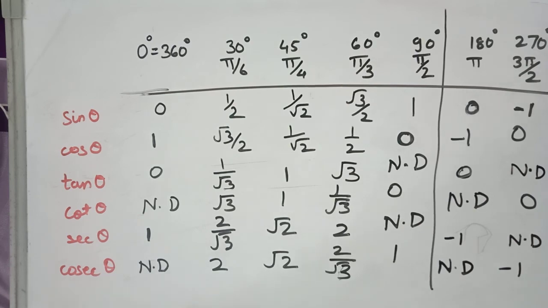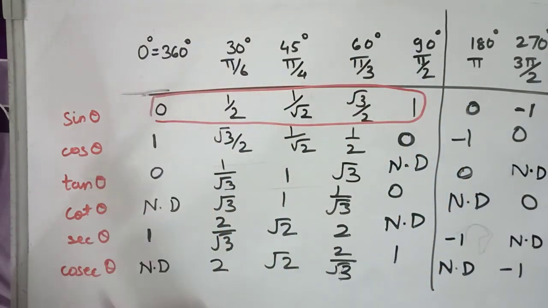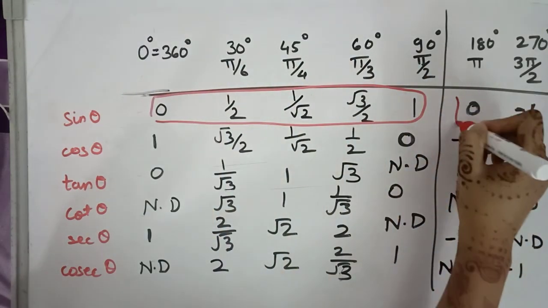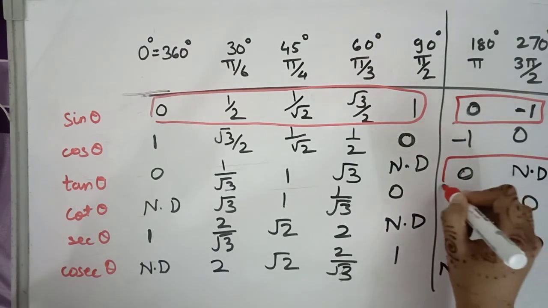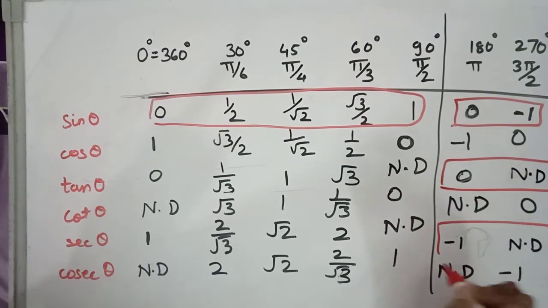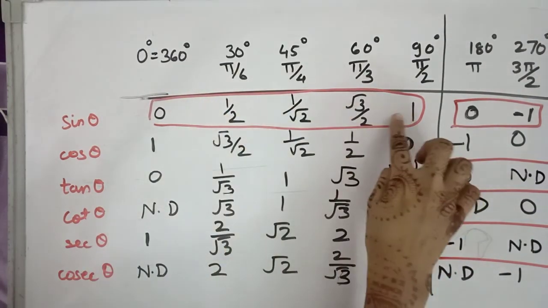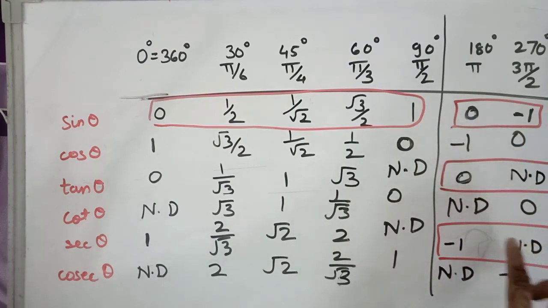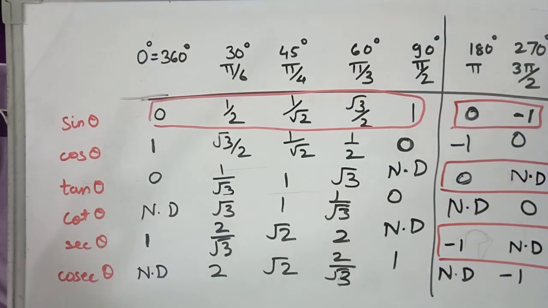So you have to remember only 5 values of sin theta and then these 3 boxes that I am highlighting. You only have to remember these 5 values for sin theta, and these two and these two for tan and sec theta. This will be your complete trigonometric table.